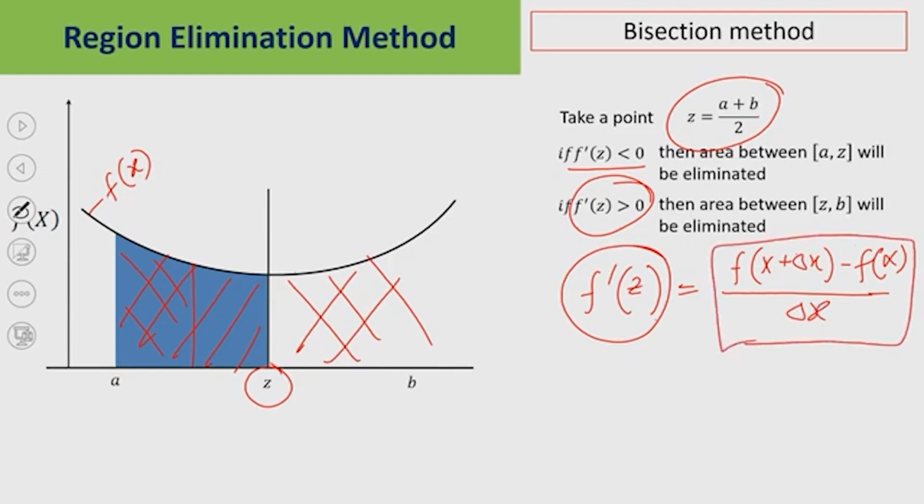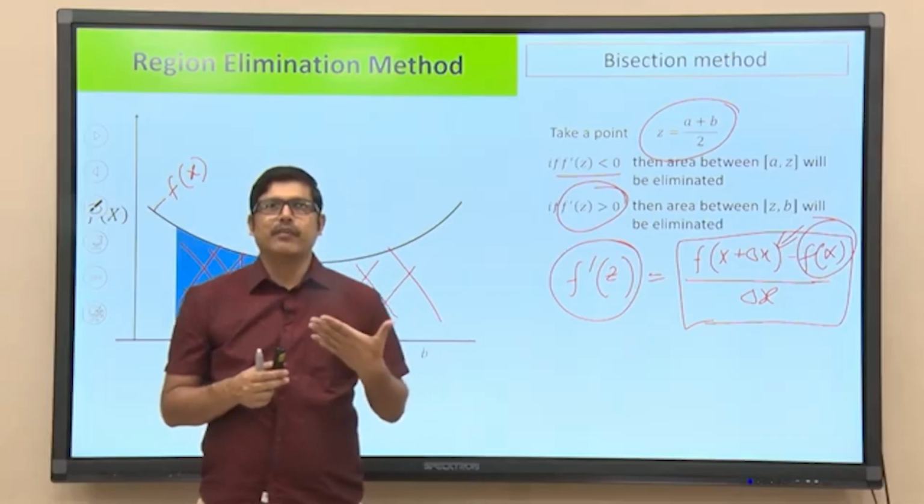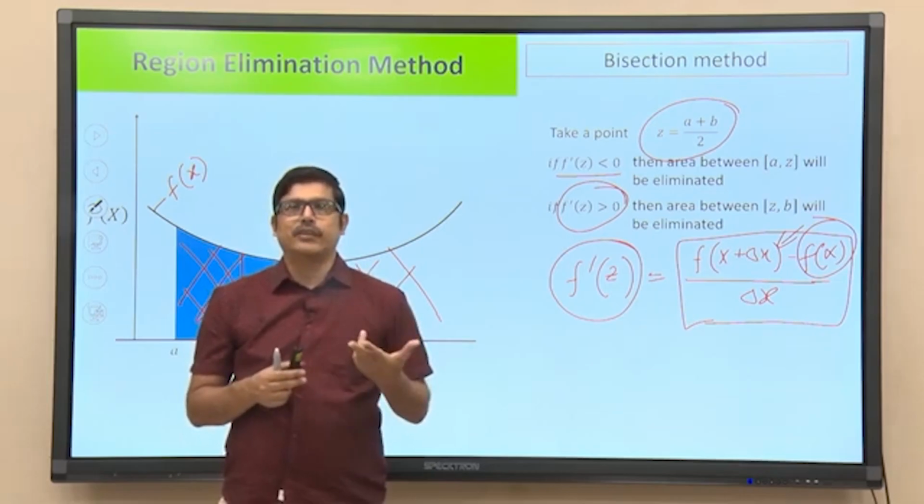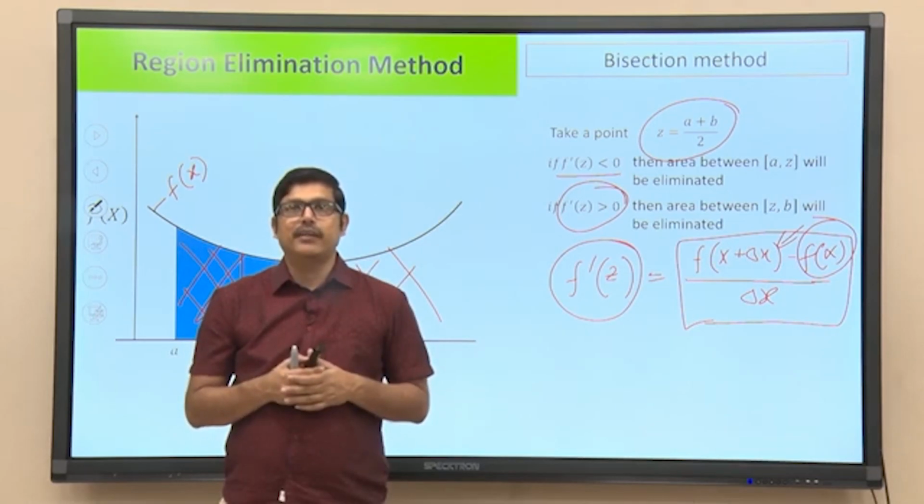So, that means to calculate the derivative I have to do two function evaluations, at x plus delta x and at x. So, if I calculate the derivative numerically, then I need two function evaluations.